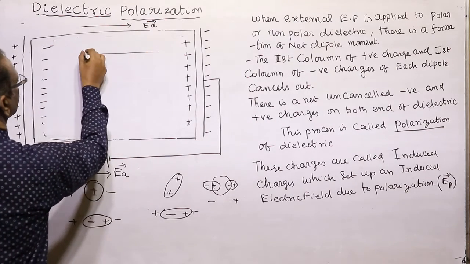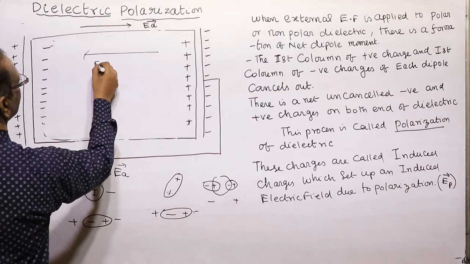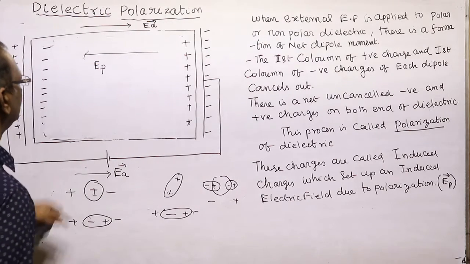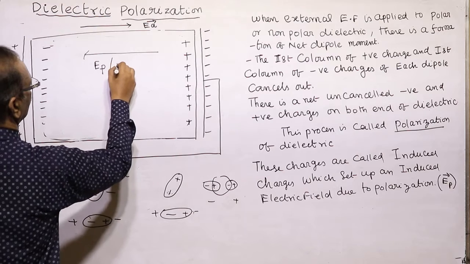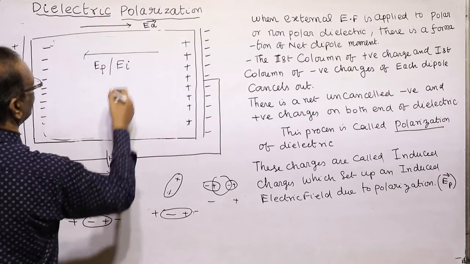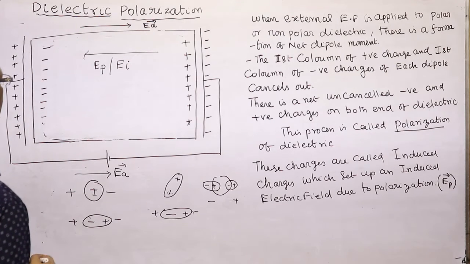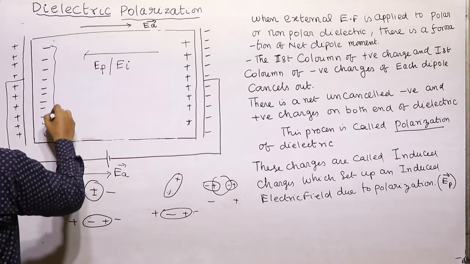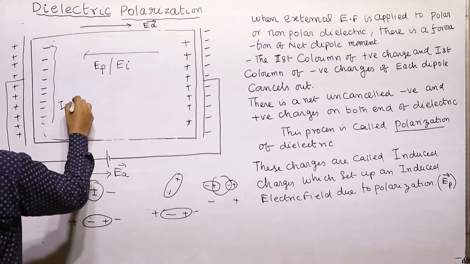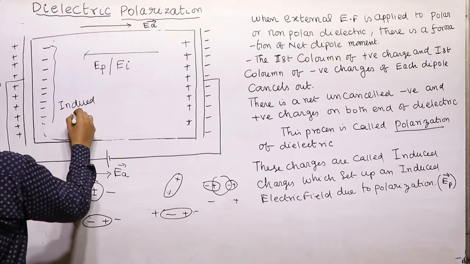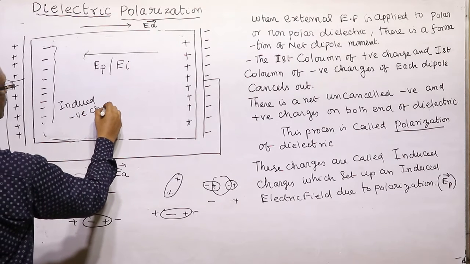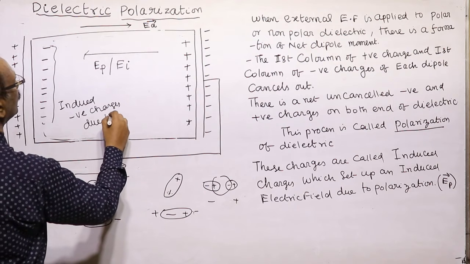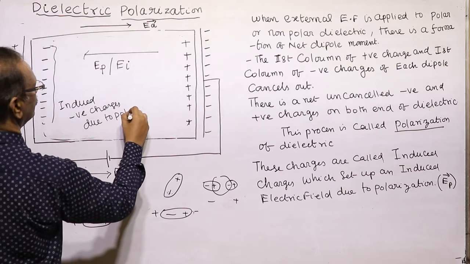This is what we call the electric field produced due to polarization of the dielectric, or the electric field due to induced polarization. So these are called induced charges, induced negative charges due to polarization of the dielectric.